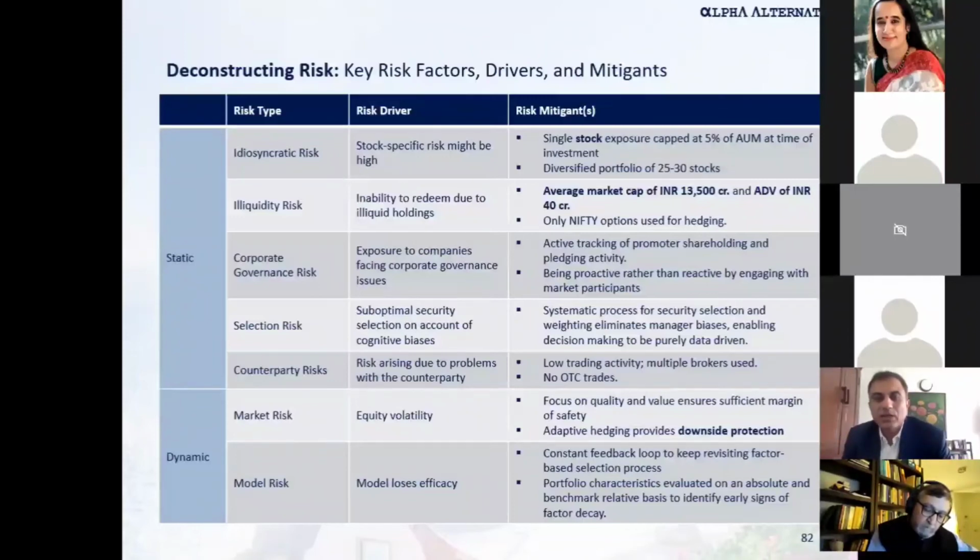So basically our endeavor is that we should be able to capture most of the upside when the markets are going up, although we pay a cost of hedging. But when the markets go down, we should not lose money. And now we have close to about 29 quarters of performance behind us, of which we've had about 20 quarters where the market was positive and about 9 quarters where the market was negative.